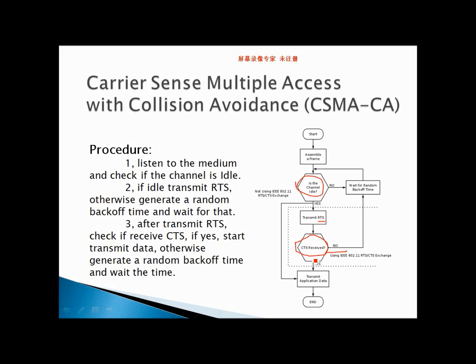If it receives the CTS, it means the connection between the sender and the receiver has been established, and it will start sending data. This is the working process of CSMA with collision avoidance.